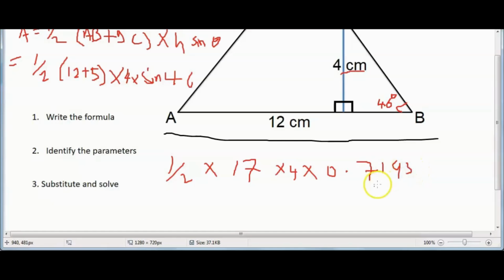Finally, we end up with 24.46 centimeters squared to 2 decimal places.